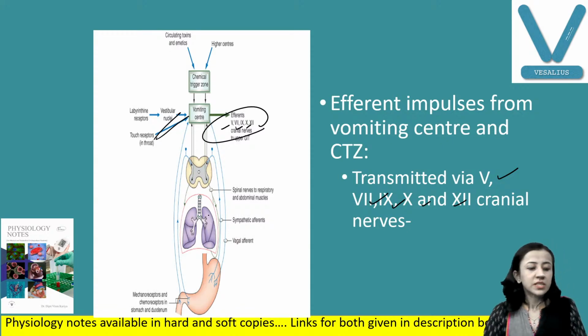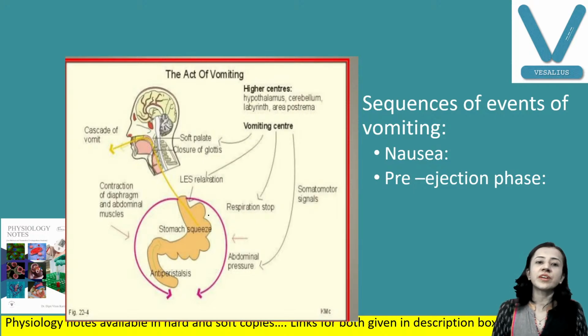Now we discuss the sequence of events during vomiting. First is nausea. Nausea is the experience before the actual act of vomiting. There is an increase in salivary secretion, and the person has deep, irregular, and rapid breathing before vomiting starts. Then the pre-ejection phase: before the ejection of the contents, there is gastric relaxation, and retroperistalsis starts.